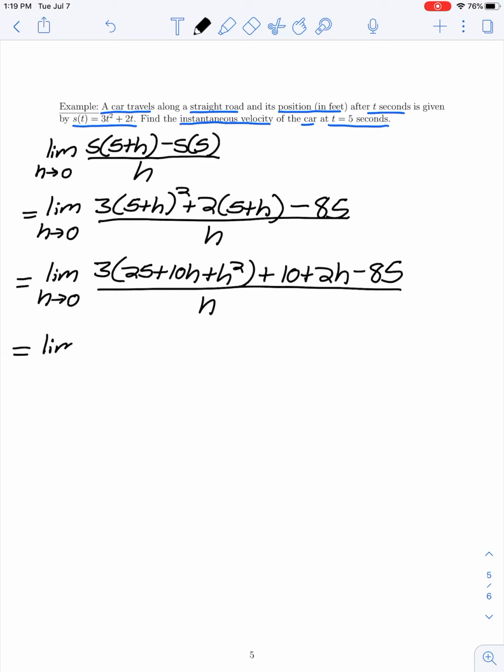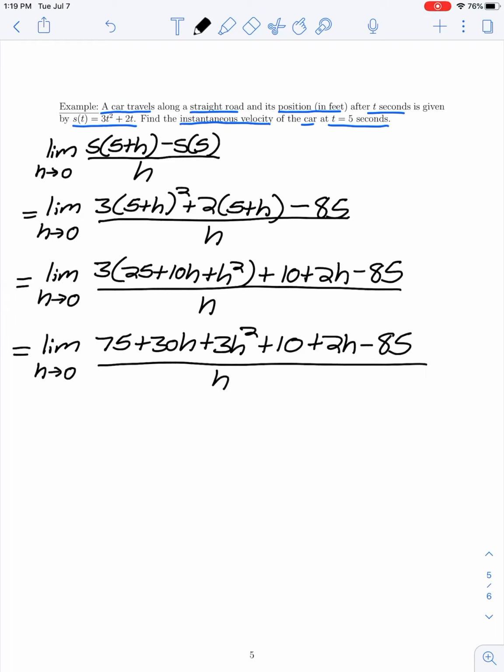So let's see what we have. We've got the limit as h approaches 0 of, in the numerator, if I distribute the constant 3, I have 75 plus 30h plus 3h squared plus 10 plus 2h minus 85, all over h.